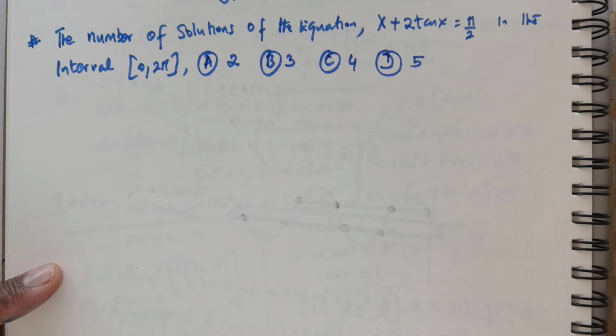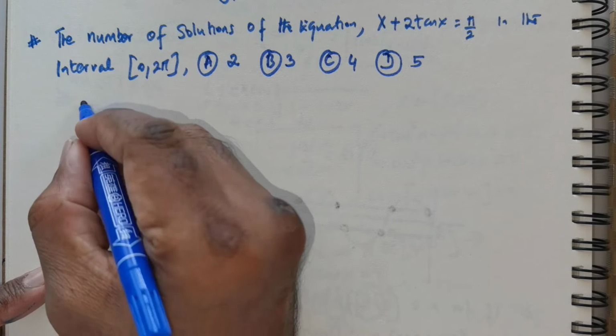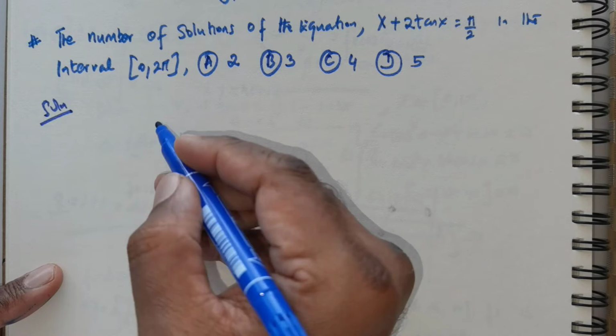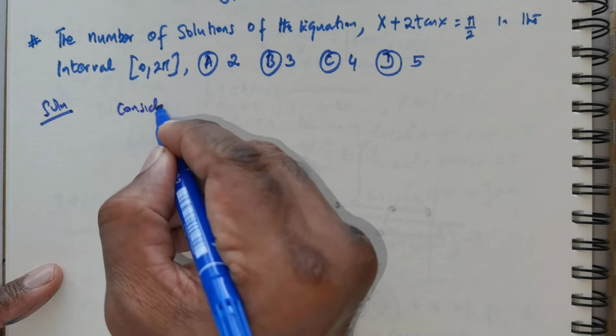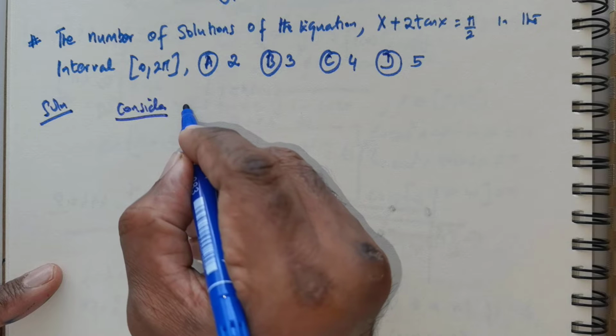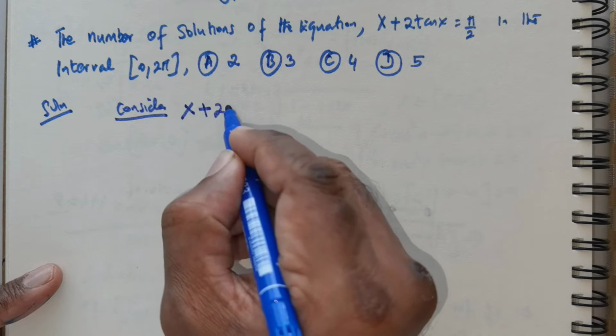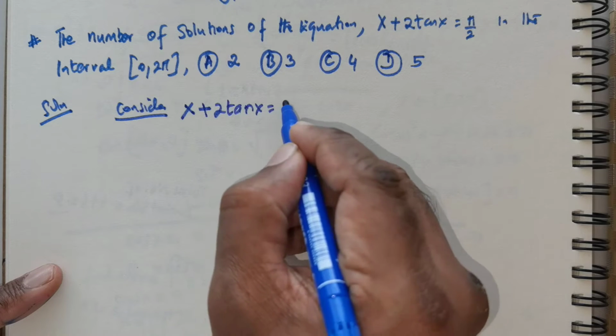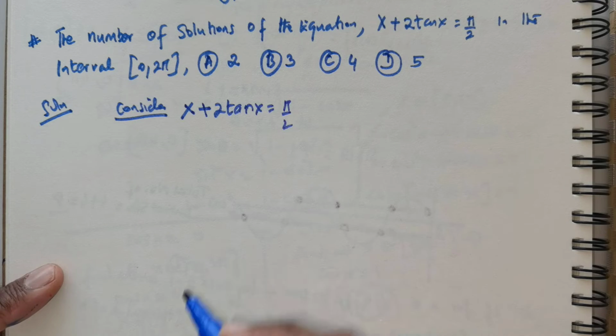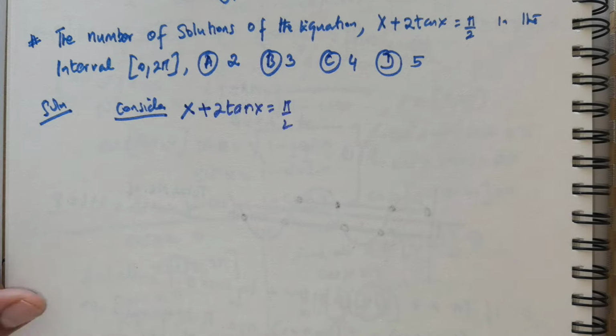Now before we could solve this question, as always, I will consider the given equation: x + 2 tan x = pi over 2. There are a few observations we will have to make.